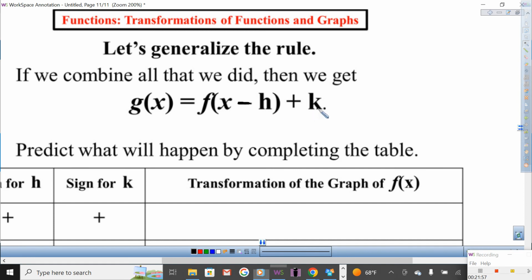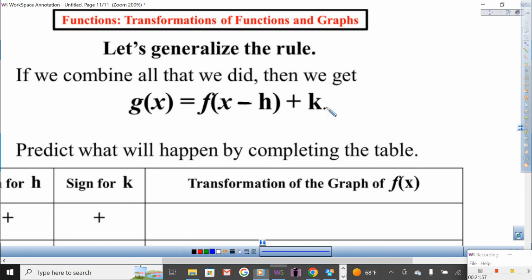Remind your neighbor what k does to the entire function. What does k do to the entire function? Jaden, go. K goes what? In a direction, yes. Which direction?